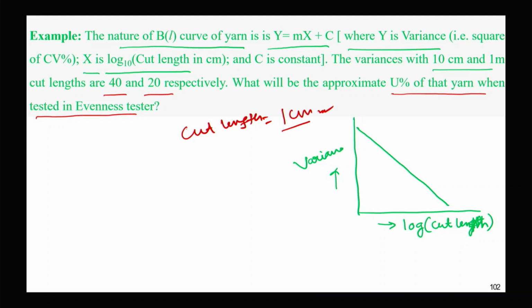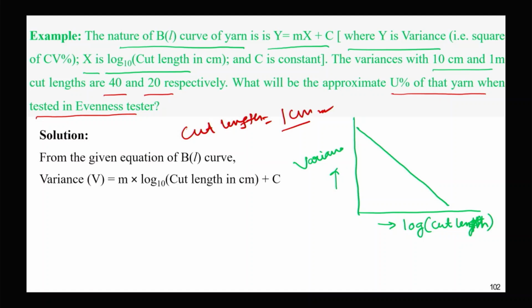Now if we solve this numerical, these two equations, this is the variance and the variances are given.